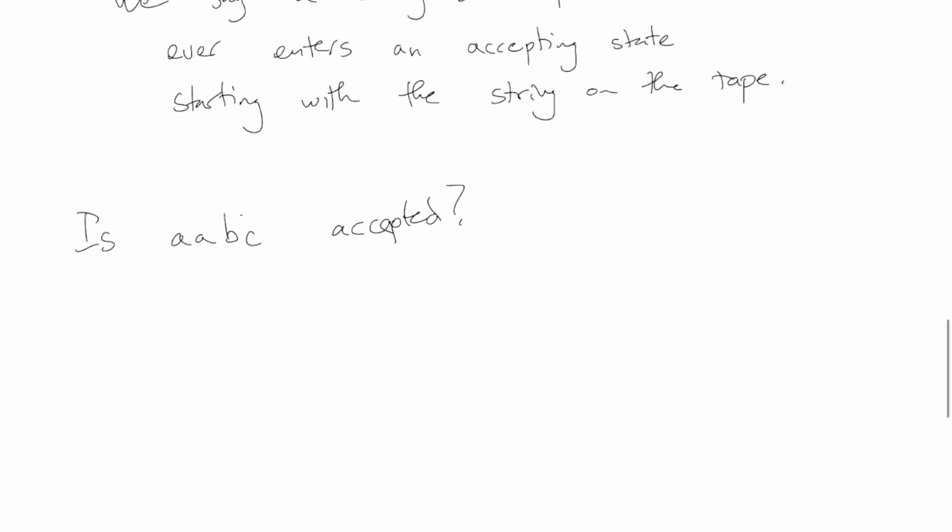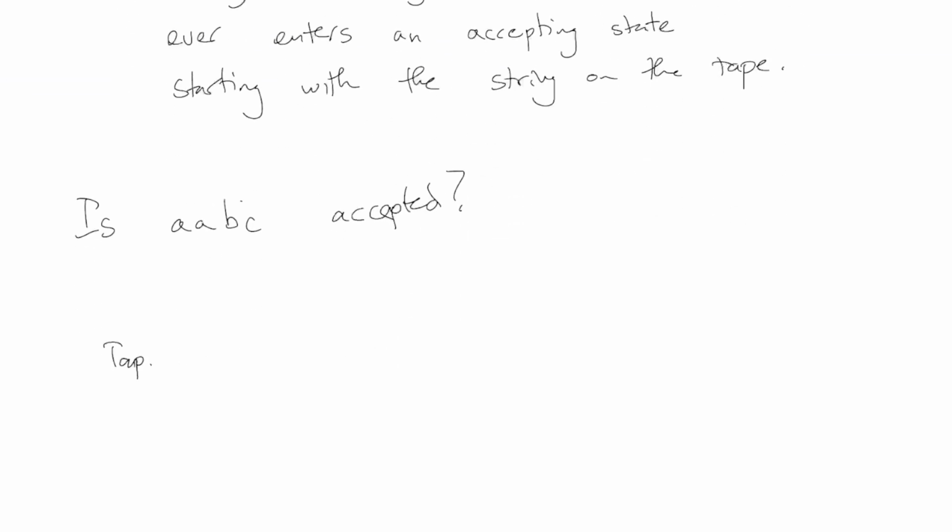So the tape, I'm going to write several times. What do you see on the tape? You begin with the tape in this configuration, and we should also indicate where is the head. When we begin, the head starts all the way on the left end of the tape.